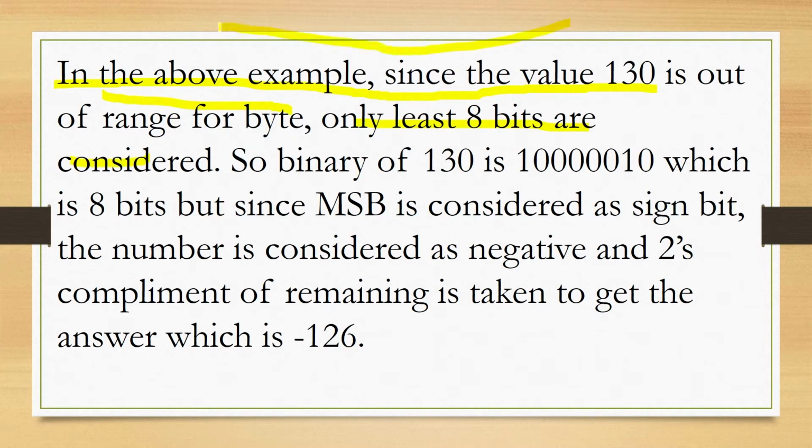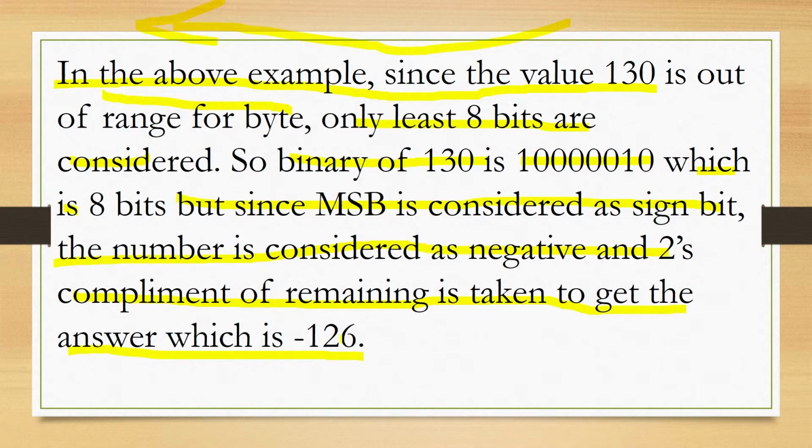The 8 bits from right to left are considered. So the binary of 130 is this, the binary sequence which is 8 bits. But since the MSB is considered as the sign bit, the number is considered as negative, and the 2's complement of the remaining bits is taken, and the final answer is negative 126.